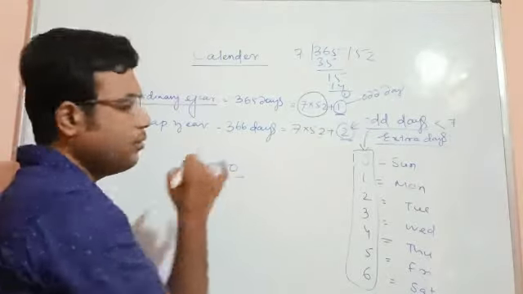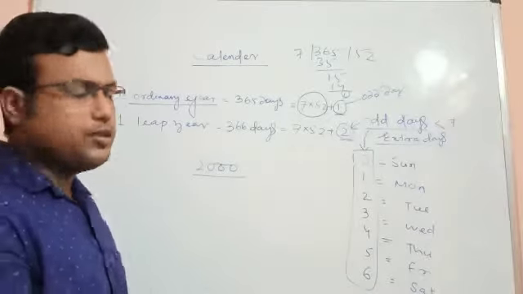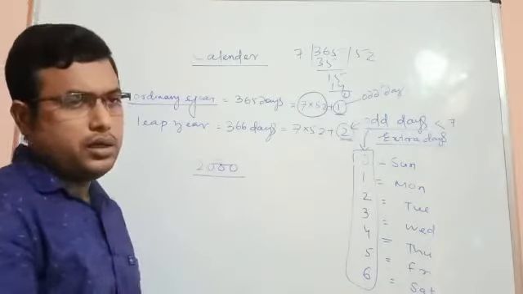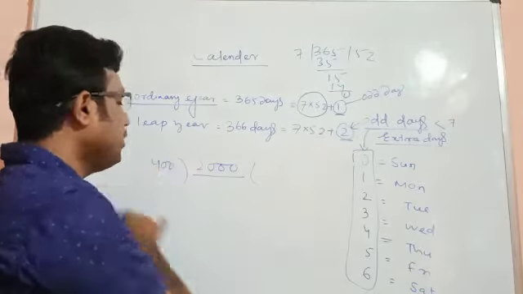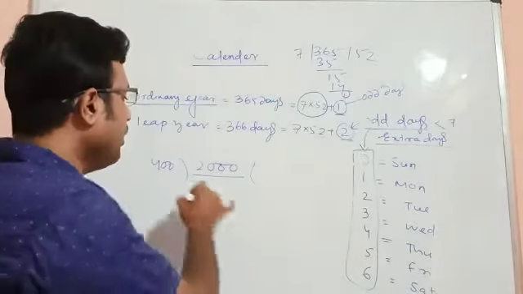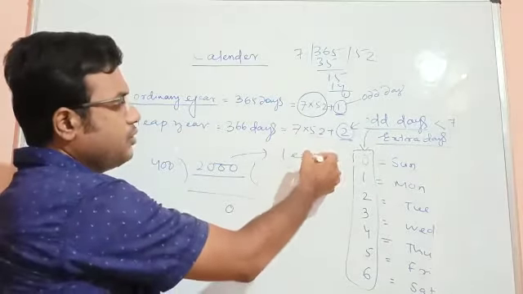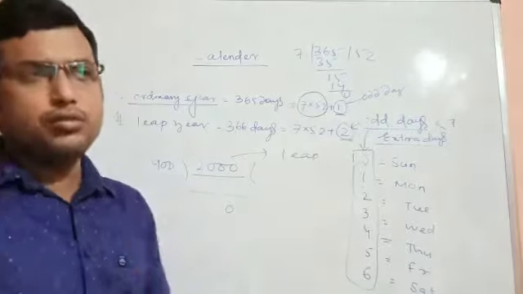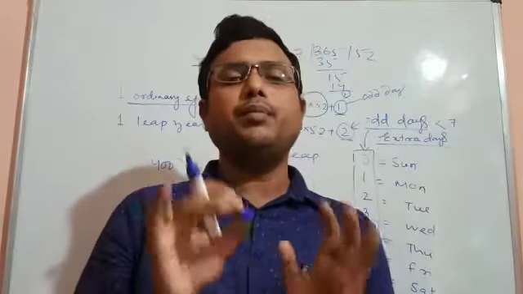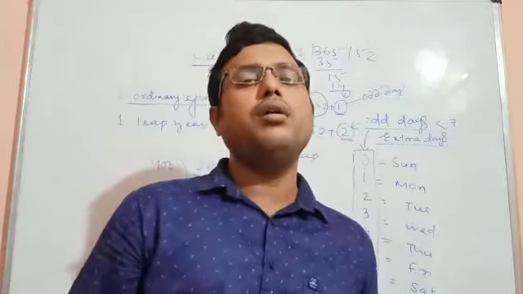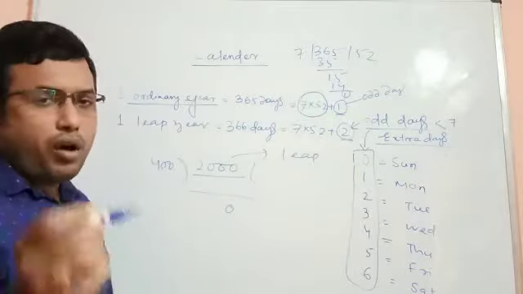So any year which is a century, that means a multiple of 100, if it is divisible by 400, that means the remainder becomes 0, then it is called a leap year. Any century, any year which is a multiple of 100, if it is divisible by 400, then it is called a leap year.